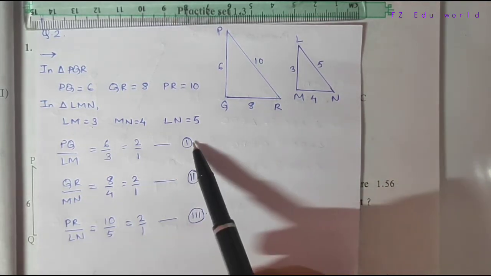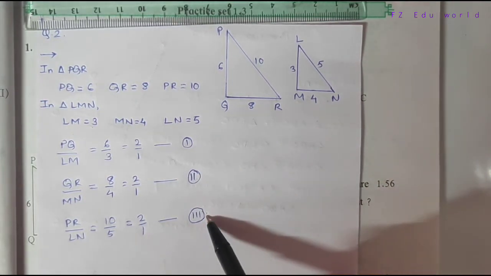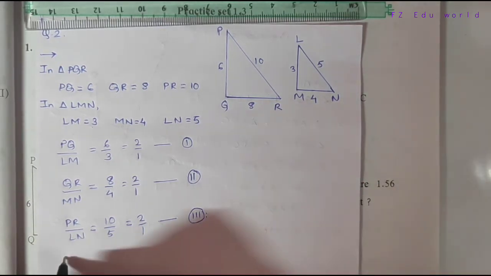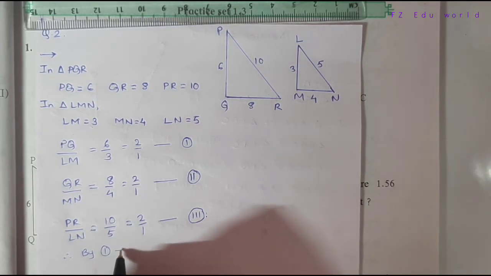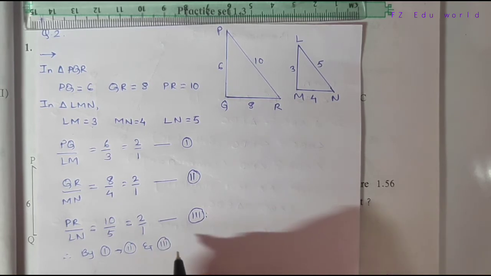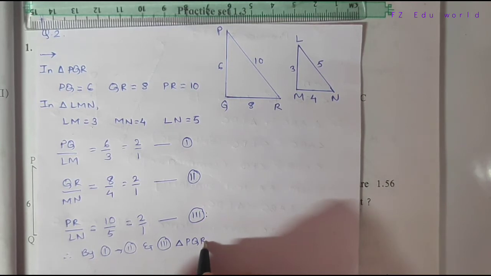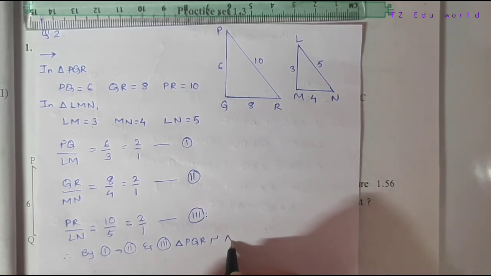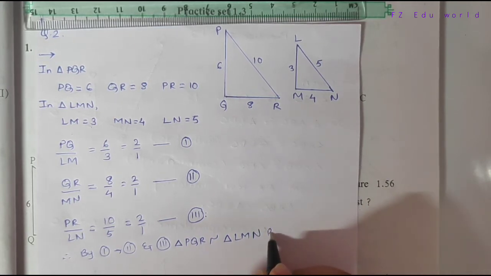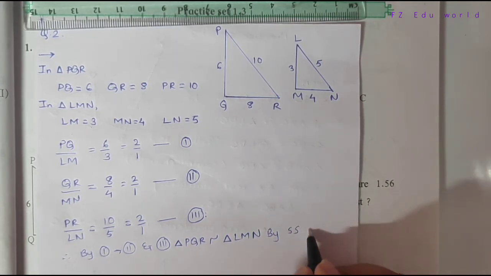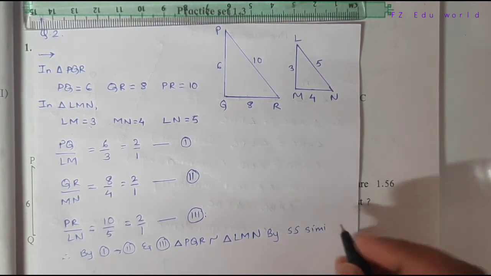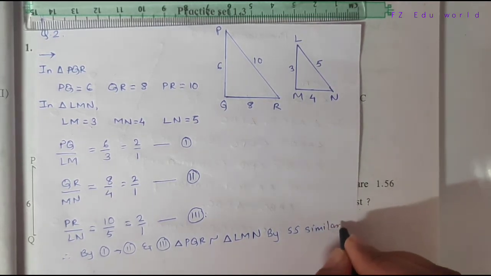Now you can see first, second, third are the same, so we can write by first, second and third, triangle PQR is similar to triangle LMN by SSS similarity.